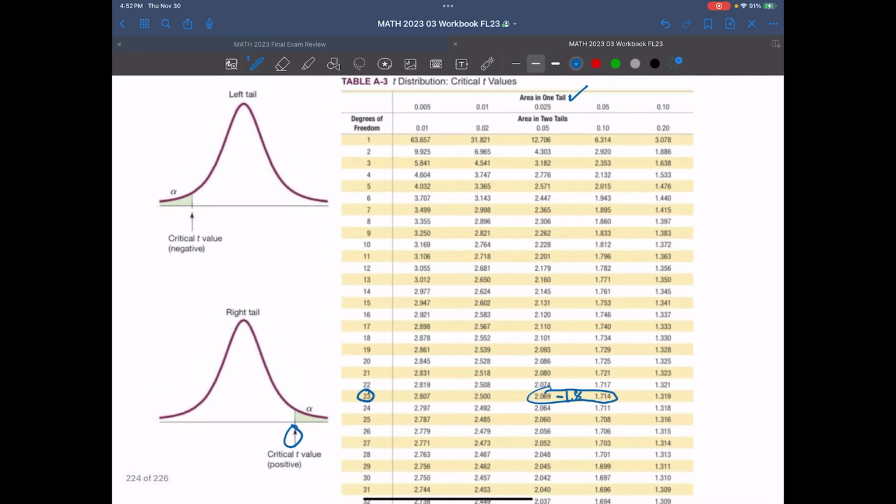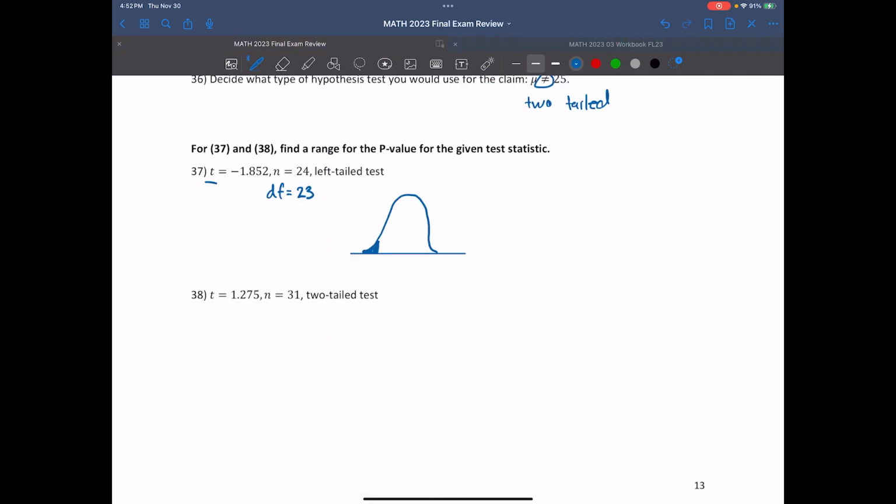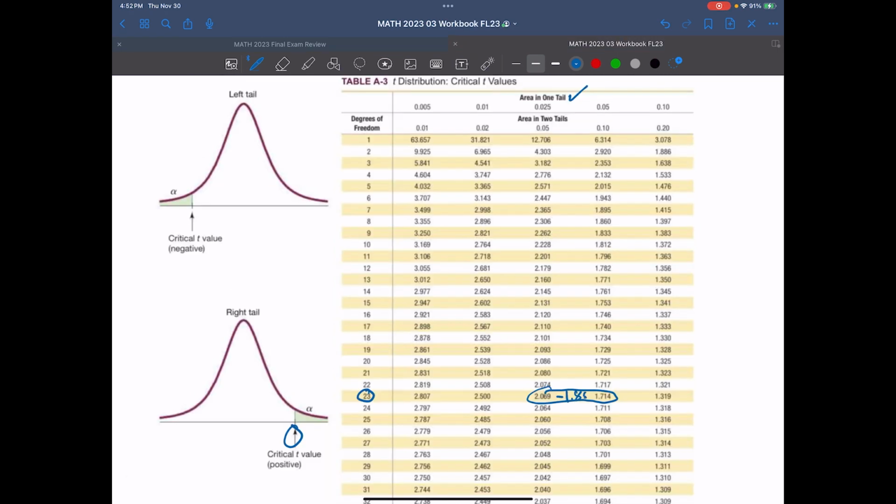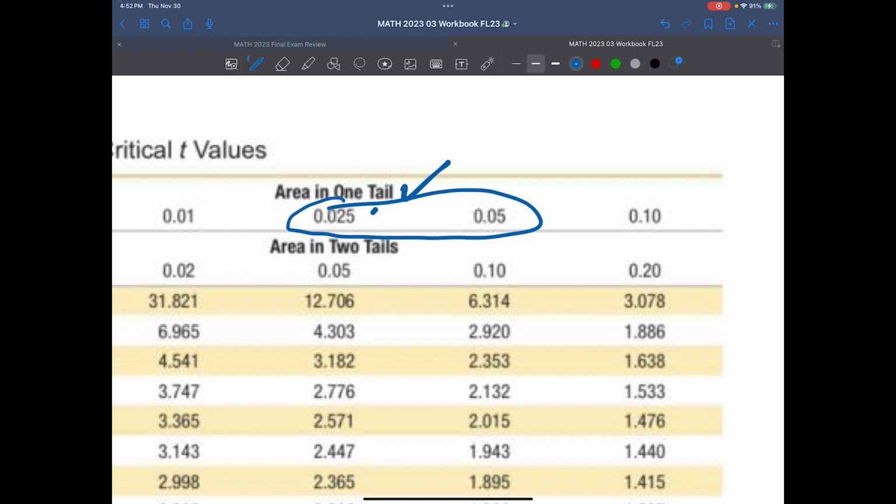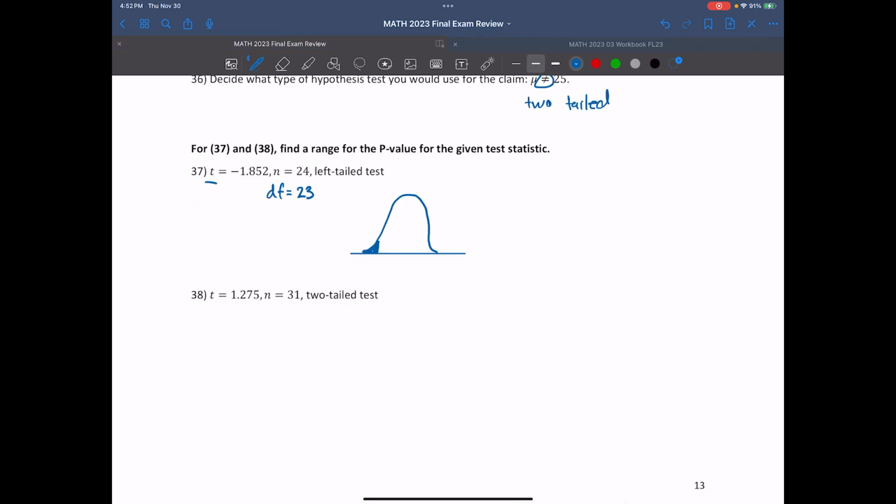Since we don't have a specific column for 1.852, all I know is that the p-value falls somewhere in here. This is what it means when we're talking about a range of p-values. So the range is 0.025 is less than the p-value, which is less than 0.05.